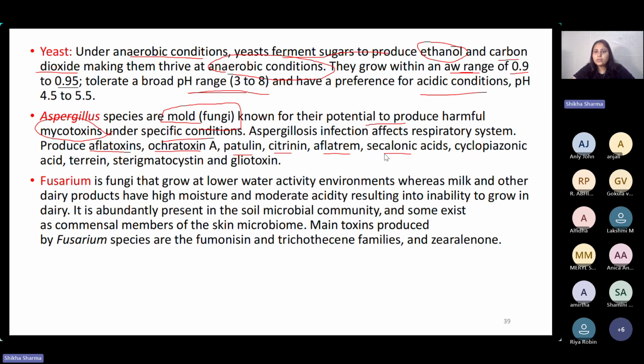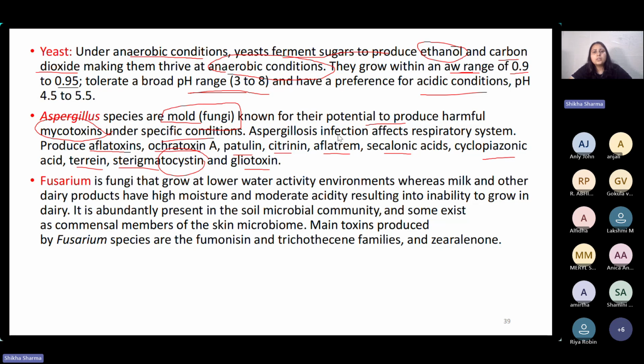So cyclopiazonic acid, then pterins, then gliotoxin, and also other mycotoxins. So basically these are different kinds of toxins produced by Aspergillus species.